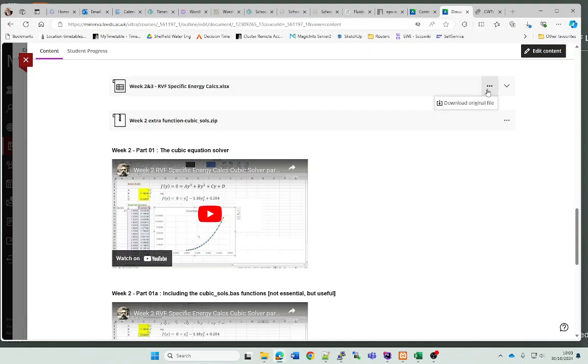You can do the 3 buttons, download original. Also, I'm just going to import this cubic solves function, so go to that and click download original file to get the cubic solves.bas file, which is inside the zip. Look at the other videos for the details on that. So if I open that file now, I'm going to open a copy I've already got.